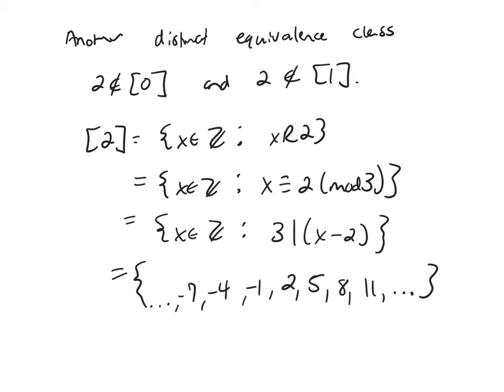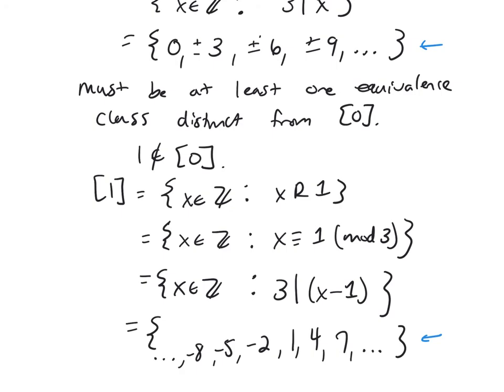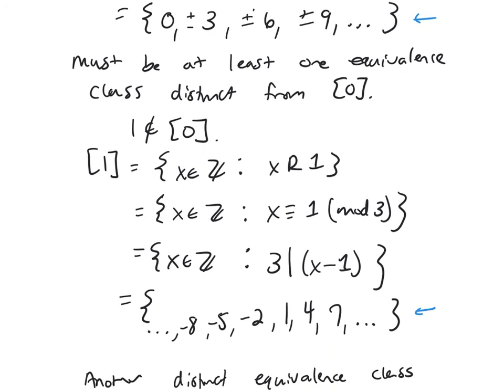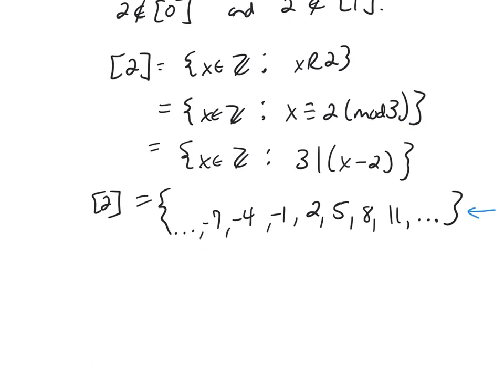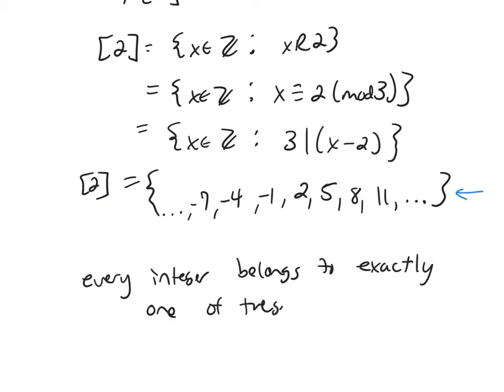So if I look at these 3 equivalence classes that I've found so far, the equivalence class of 0, 1, and 2, you'll see that these 3 contain every single integer in them. So I'll say here, every integer belongs to exactly one of these equivalence classes.